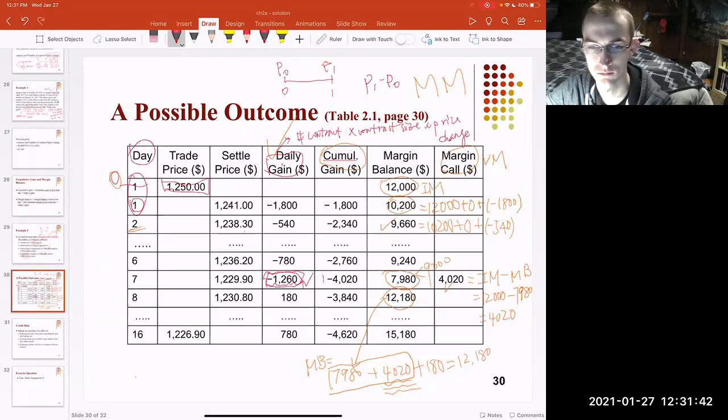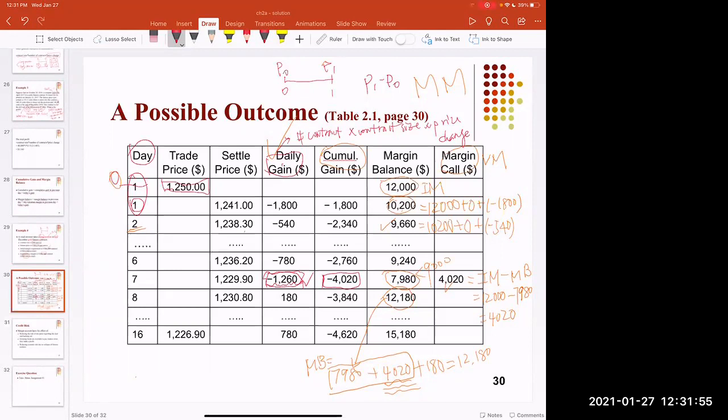And how to get this number? You use the previous cumulative gain plus the daily gain. So what number do you use? Negative 2,760 minus 1,260. Yes, excellent. So these two numbers added together give the cumulative gain in day 7.